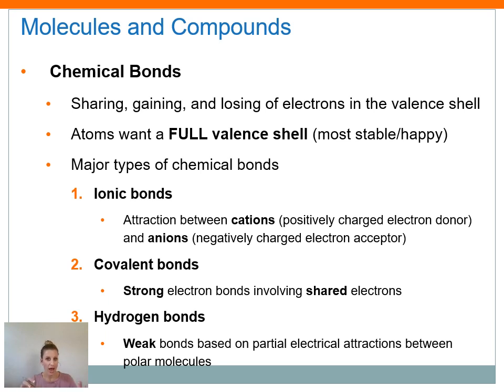So when we have two ions that are attracted to each other, that's an ionic bond. So an ionic bond is the attraction between cations and anions. A cation is a positively charged ion. So if the atom has a positive charge, we call it a cation. The reason it has a positive charge is because it gives away electrons. Okay, it's an electron donor. Just roll with me. We'll talk about this in detail in a sec.